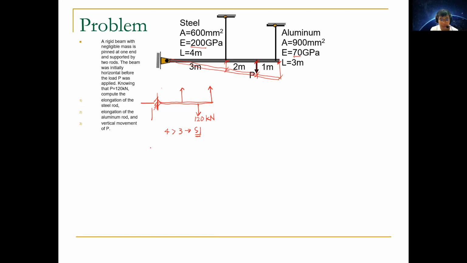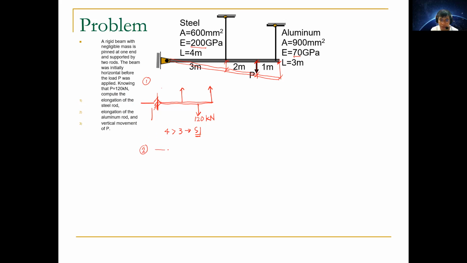Okay, so the first step I'll write as a number. The second step is we try to get its compatibility equation, meaning the strain equations or elongation equations.